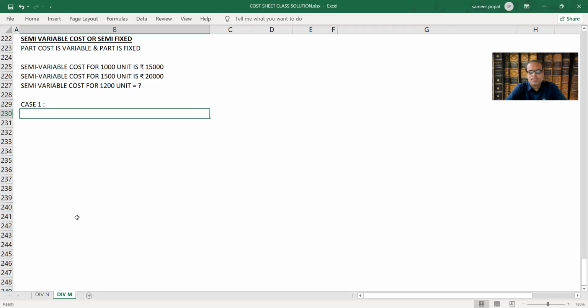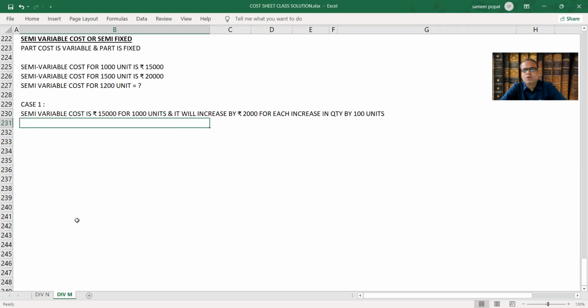Case one, suppose you are given that semi-variable cost is rupees 15,000 for 1000 units, and it will increase by rupees 2,000 for each increase in quantity by 100 units. Okay, so this is the information given to us.